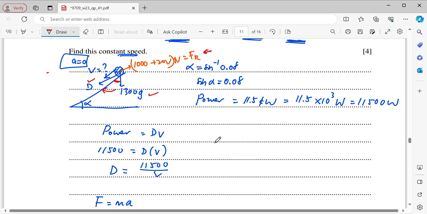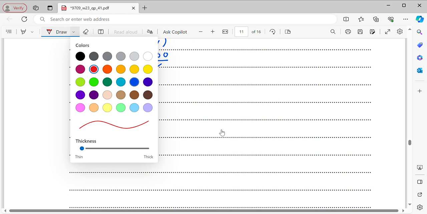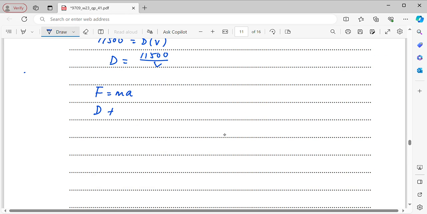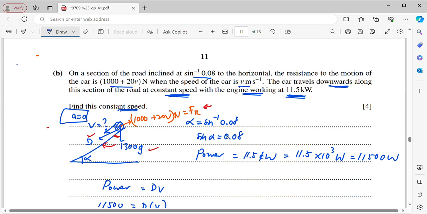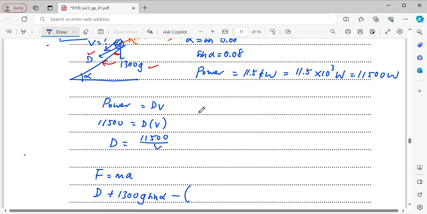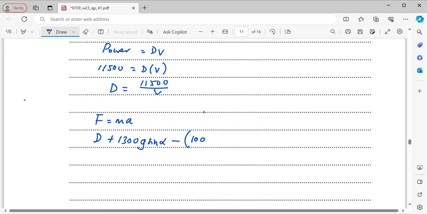FR is different direction. So you will be getting D plus 1300 G sine alpha, because the frictional force or resisting force is the resistance. Okay, the resistance is opposite direction, therefore minus 1000 plus 20 V. Okay, it will be ma.